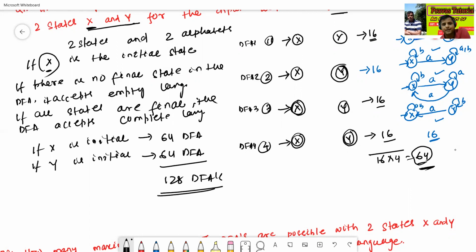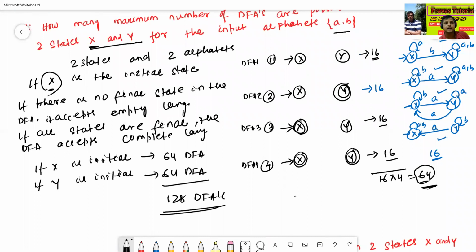This is the maximum number of DFAs possible if two states are given and two alphabet symbols are there. Total 128 maximum DFAs are possible.